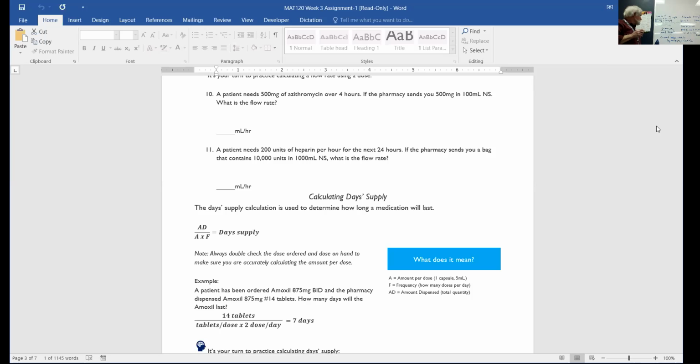So 75 times 60. 4,500? Right. So that's 4,500 micrograms per hour. And that is D for this problem.